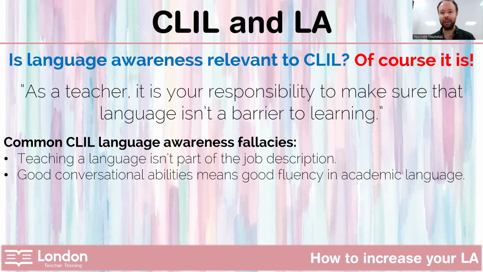You might even be shocked. You think they're a fantastic student, which of course they could be, but put them in a situation where they have to comprehend a formal or academic text, it's a different story. So one definitely does not equate to the other.